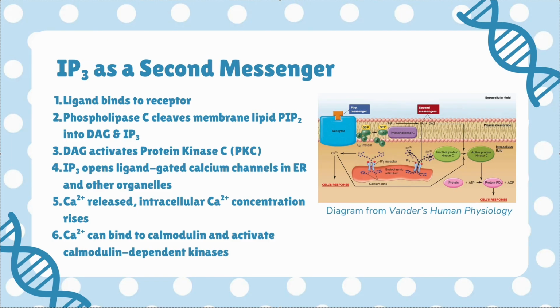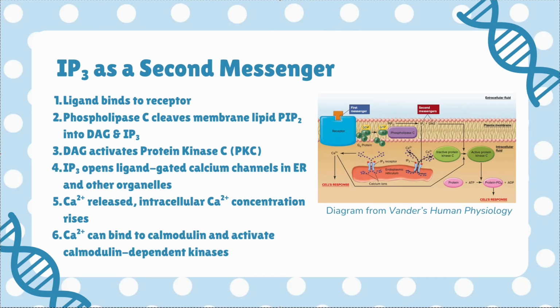And then phospholipase C cleaves that membrane lipid into DAG and IP3. So now DAG can activate protein kinase C. It's not really a direct second messenger because it can just activate the protein kinase, but it can act as a second messenger for other pathways.